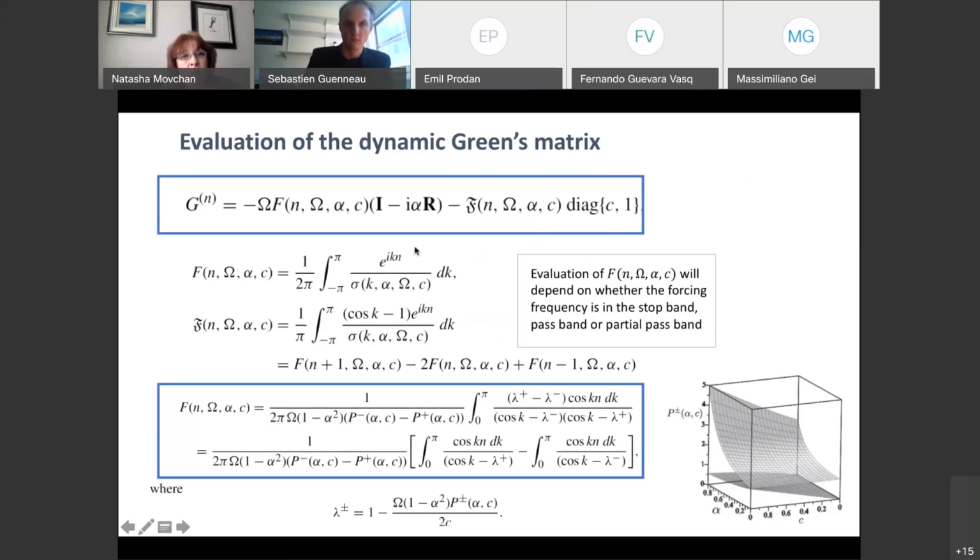Now, to find the Green's matrix, we need to find these quantities, which are called here Fn. And these quantities depend on the node, on the parameter capital Omega, which is omega squared, alpha, and C. It will depend on whether the forcing frequency is within the stop band, pass band, or partial pass band.